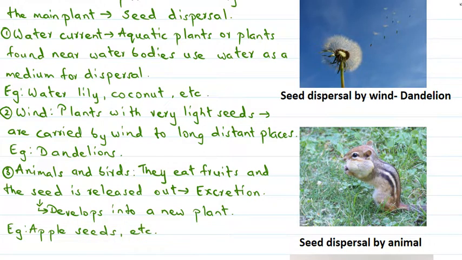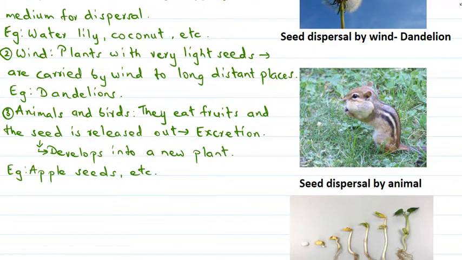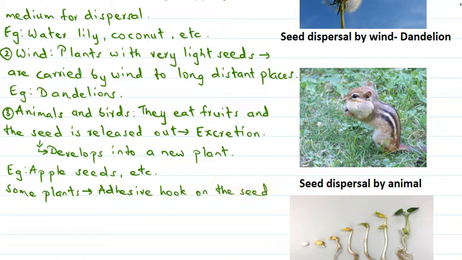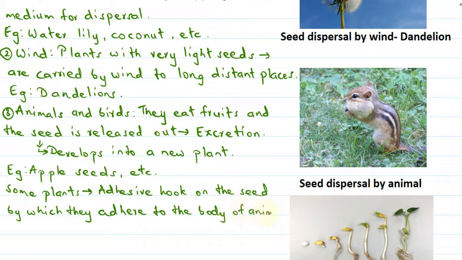Now in some plants, they have an adhesive hook on the seeds, by which the seeds adhere to the body of animals, and as animals move from one place to another, the seeds get dispersed.